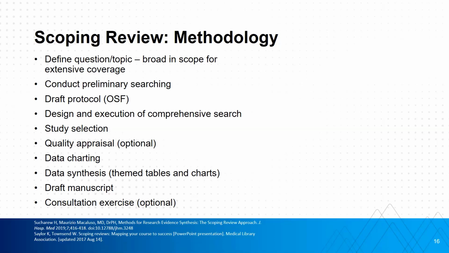So these are people like representatives from organizations on that topic. Maybe it's a condition or an intervention or something like that. Health professionals who are working with those programs that you're looking at or those interventions, and they can provide a slightly different perspective. And maybe they know about articles or other research material that you may not have heard of. So once again, this is an optional exercise, but it can often be valuable.